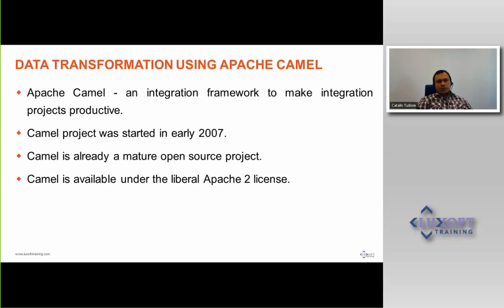Projects that use Apache Camel will be much more productive than projects that use the classical way. This project was started in early 2007, so we may say that at this time, 8 years after, it is already a mature open source project, and it is available under the liberal Apache license.